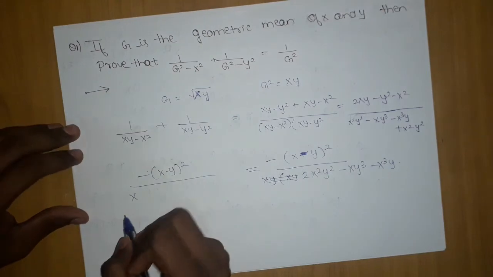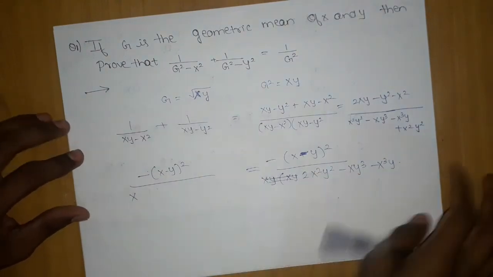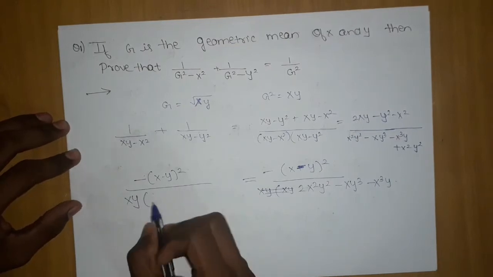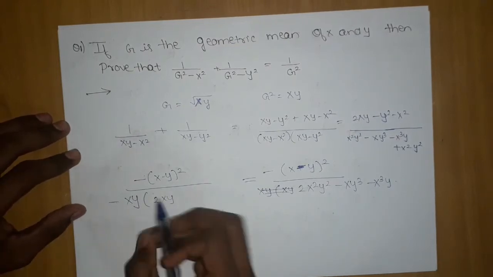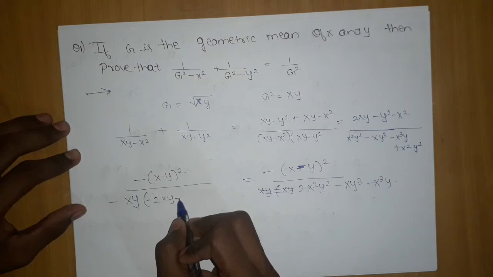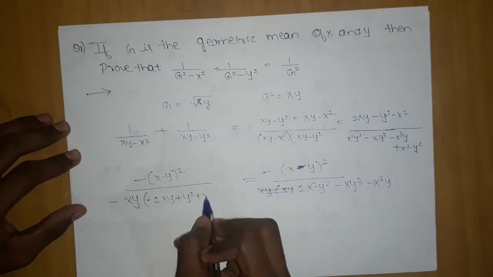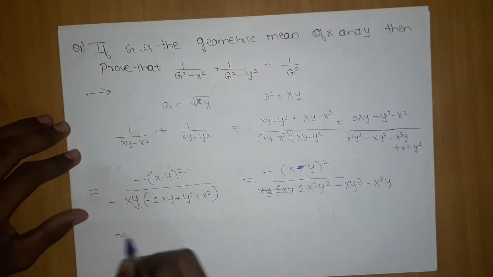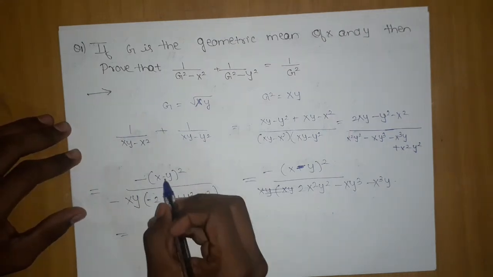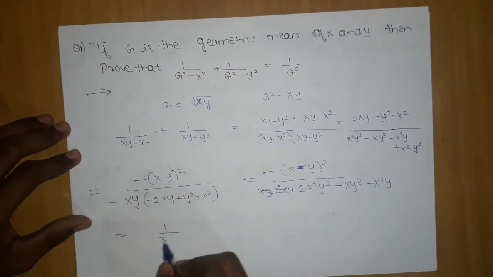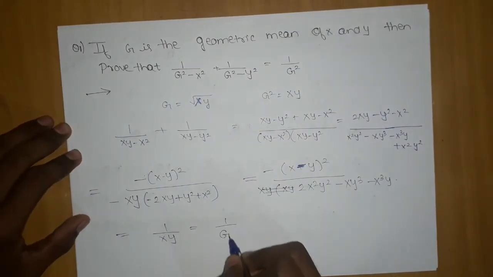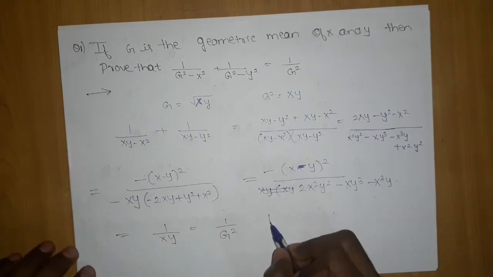What I have is 2xy minus 2xy plus y square plus x square. So I got this thing. Now minus will be eliminated, and this thing is nothing but x minus y the whole square. So I got xy, which is nothing but, if you remember, xy was 1 upon g square. So we have proved, hence proved.